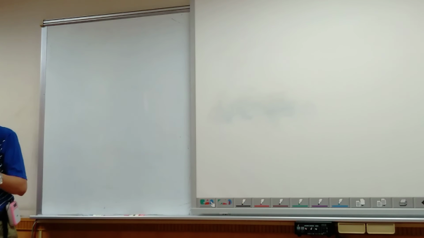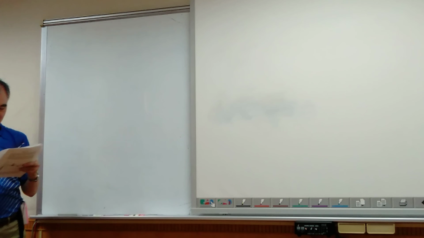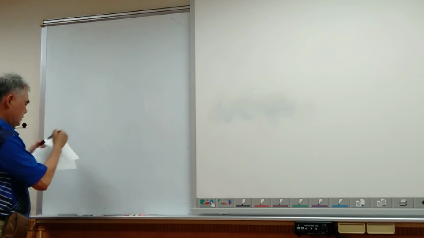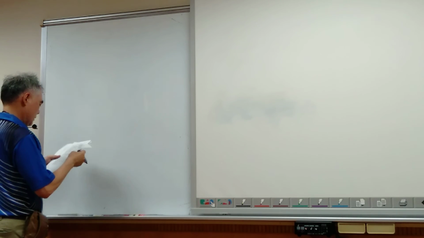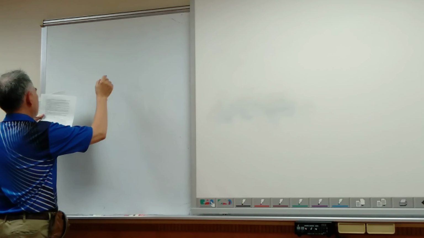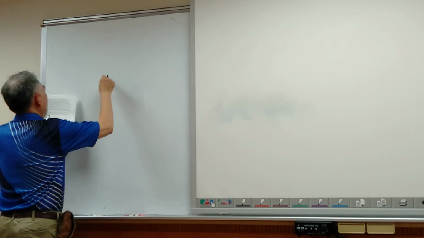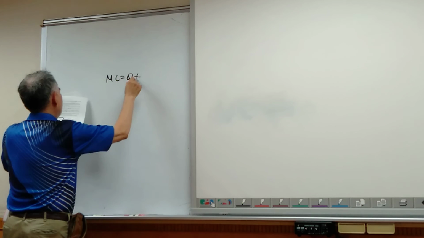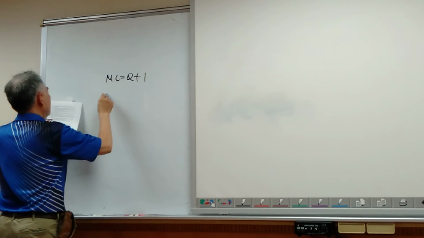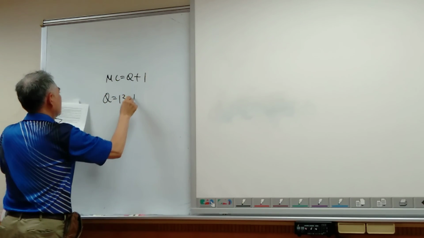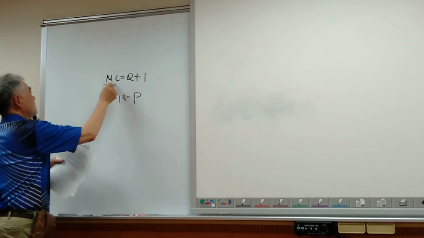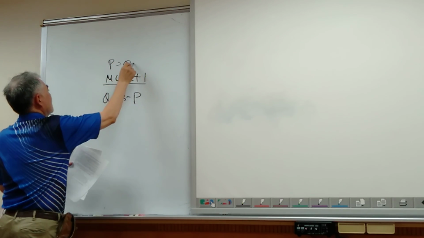Solving for the equilibrium price. Okay, so here you have MC is equal to Q plus 1, and then you have Q is equal to 13 minus P, right? So here it is P is equal to Q plus 1.